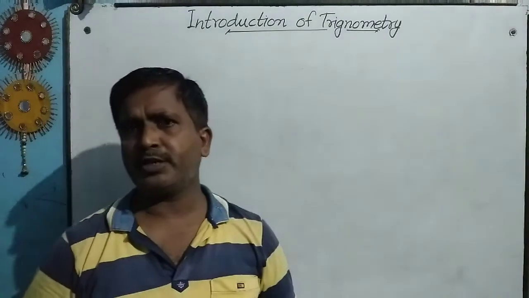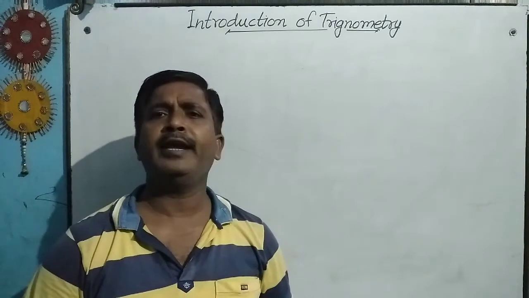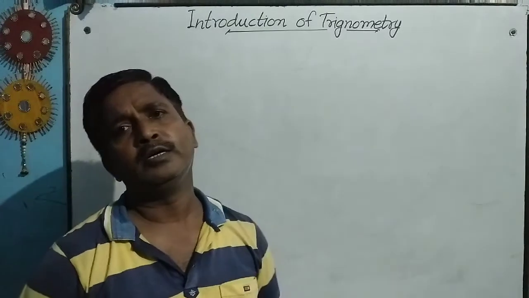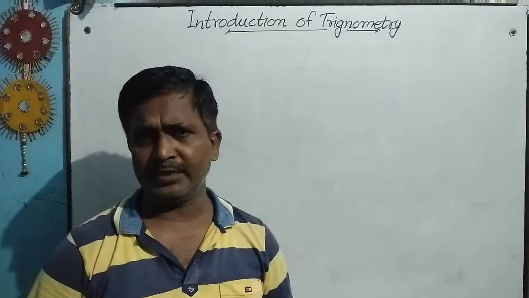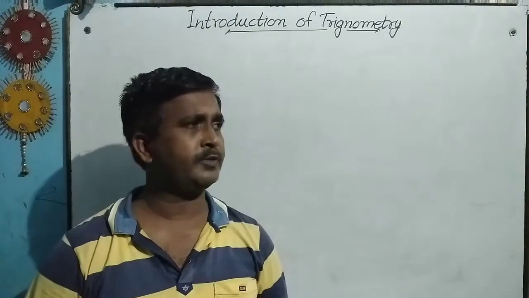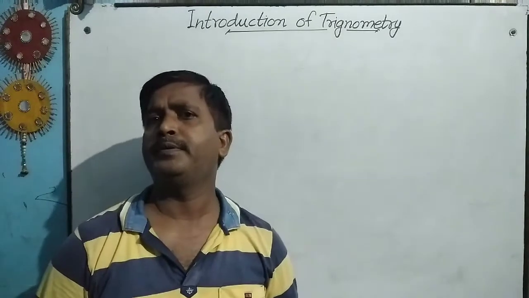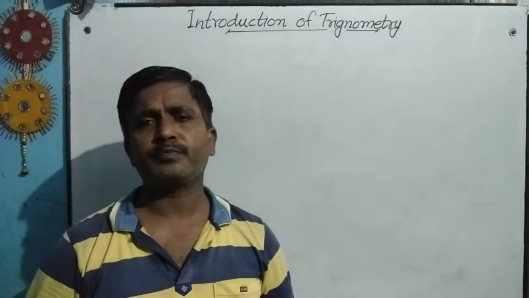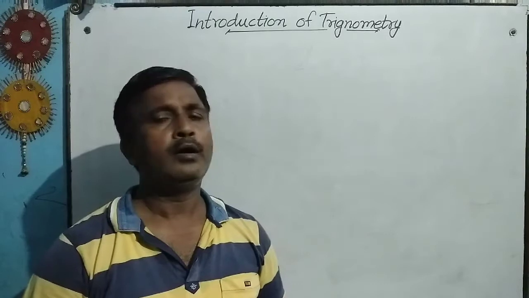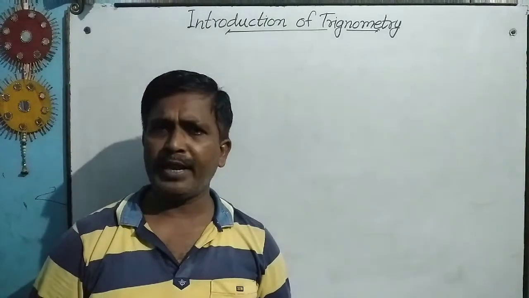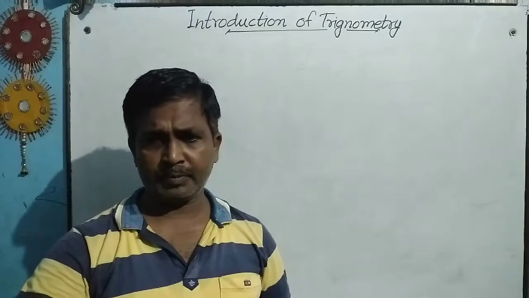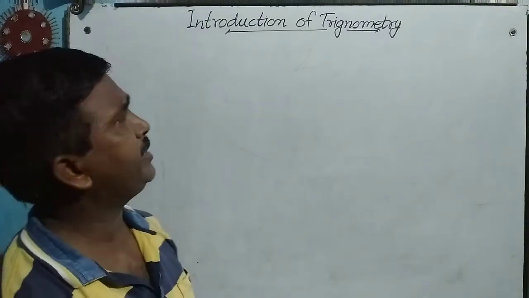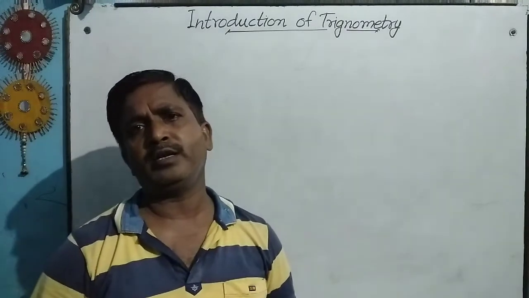By this branch of math, we can find out the height of the moon from the earth, the height of any tower from the ground, the height of mountains from the ground level. So this branch of math is very important for you.